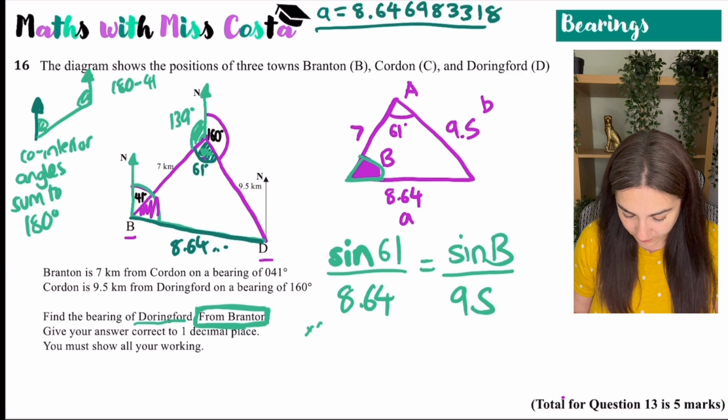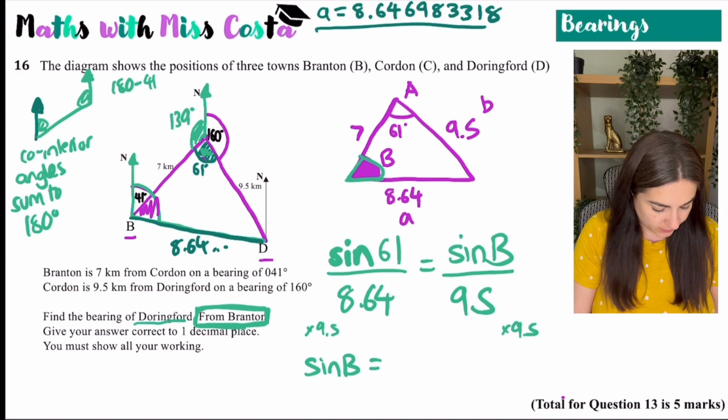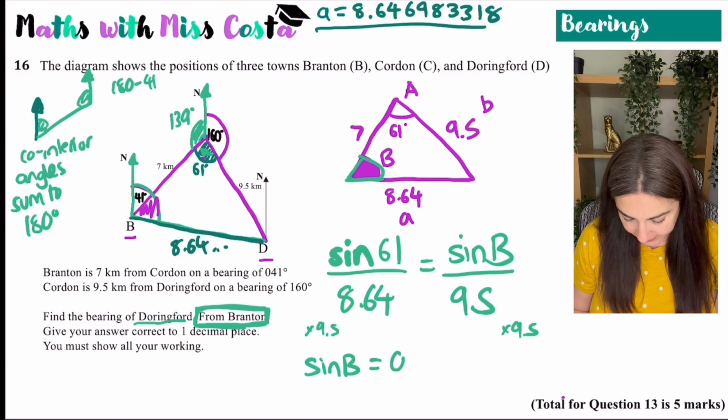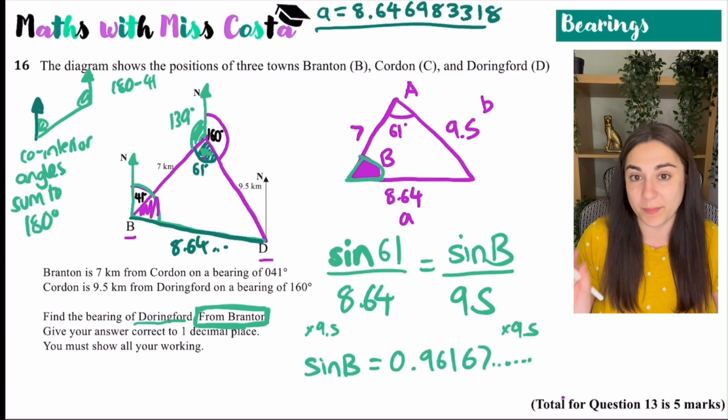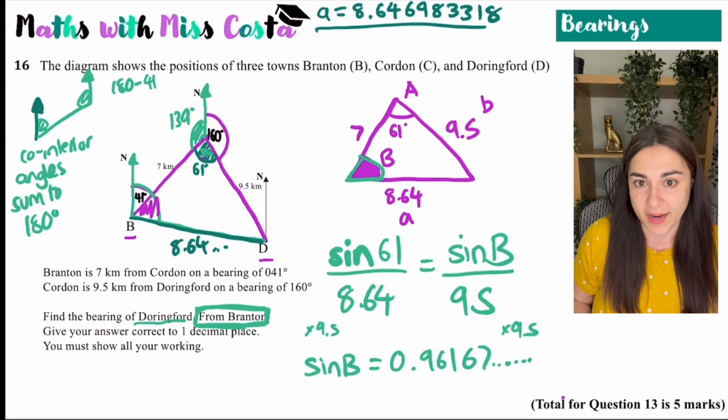So if I multiply both sides by 9.5, sine B is going to be equal to sine 61 over 8.64 times 9.5, which is 0.96167, and so forth. I'm going to save this as my answer, so I don't need to write everything down.